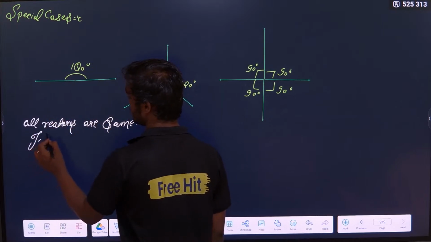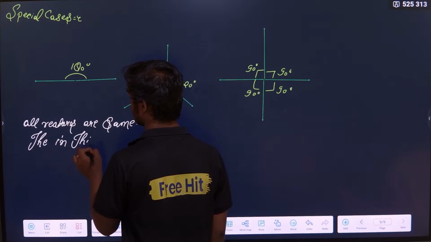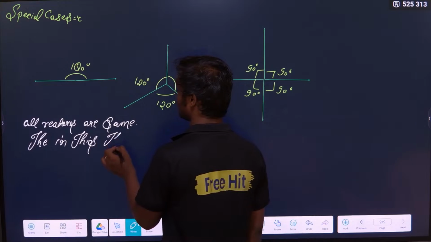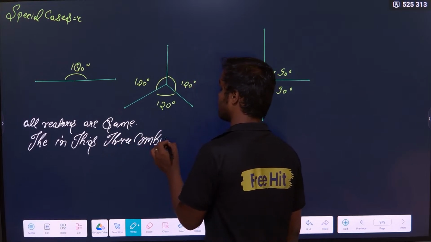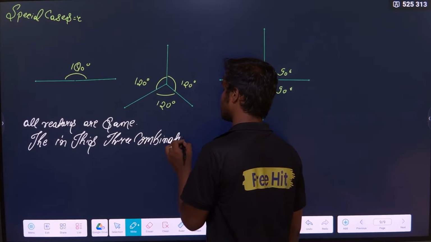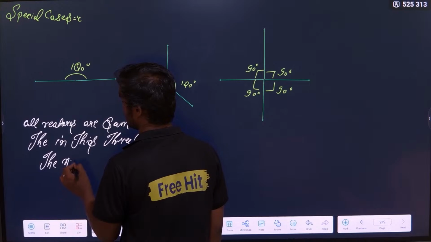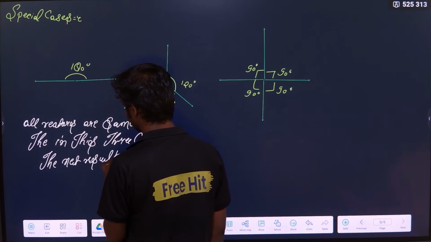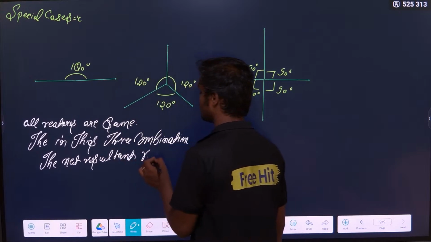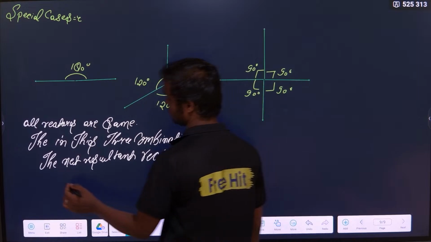Then in these three combinations, the net resultant vector is always 0.